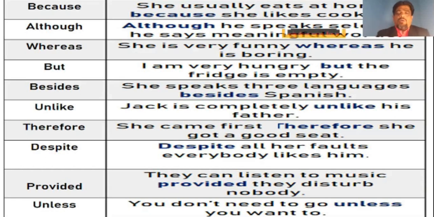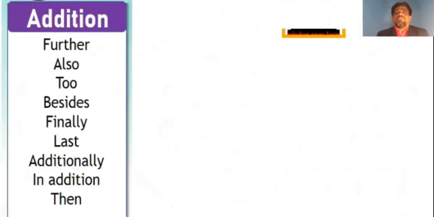Now, let's move further. We have conjunctions of addition, words used to say that we are adding something more, such as furthermore. What conjunctions could we use to give the sense of addition?